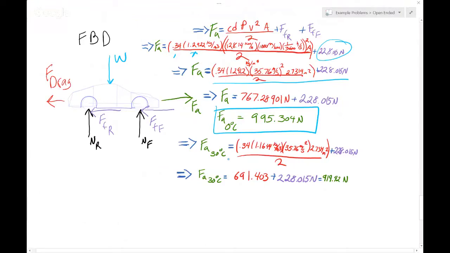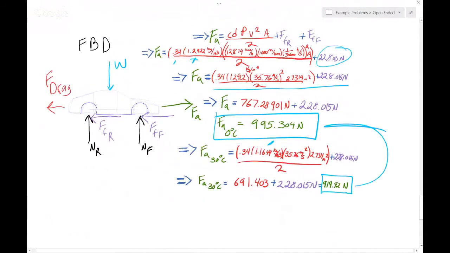If we repeat this for 30 degrees Celsius, the only thing that changes is our air density. Although realistically, a lot of other factors would probably change too as a result of the higher temperature, like our tires and how they respond to the road. But to not get off task, that all sums out to about 919.42 newtons.